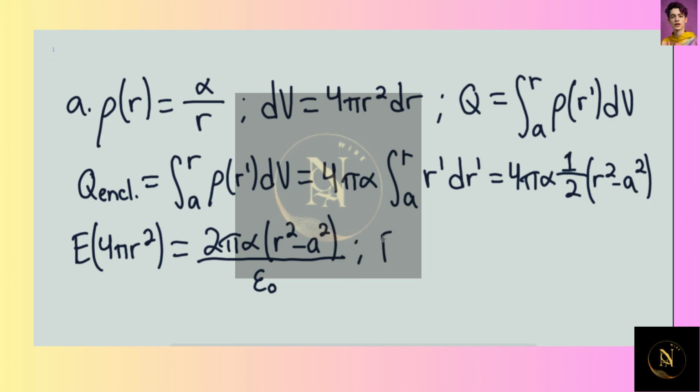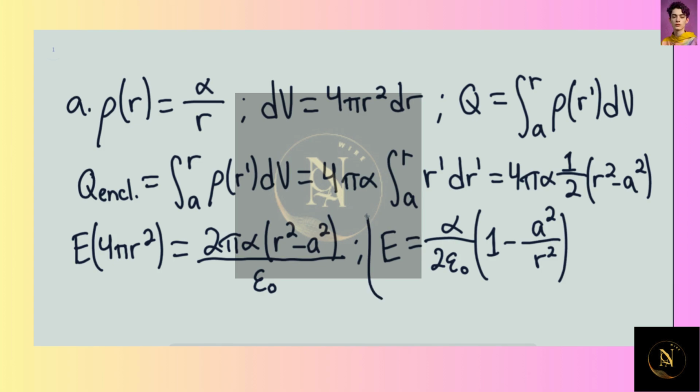And so the electric field for part A is giving us alpha over 2 epsilon naught multiplied by 1 minus a squared divided by r squared. This would be our answer for part A.